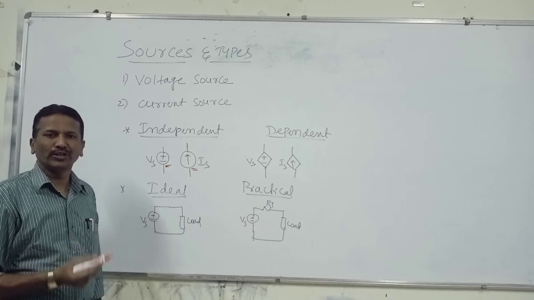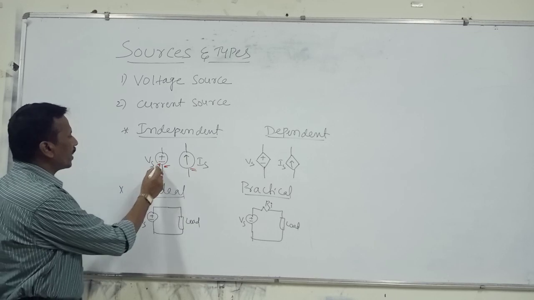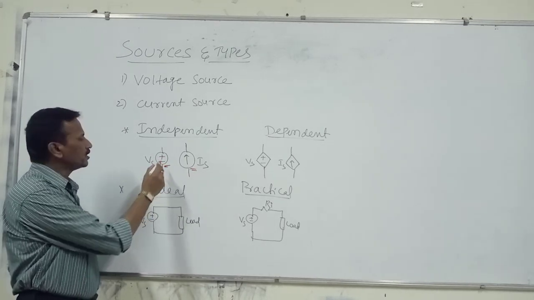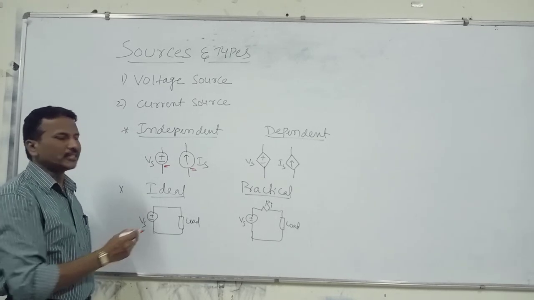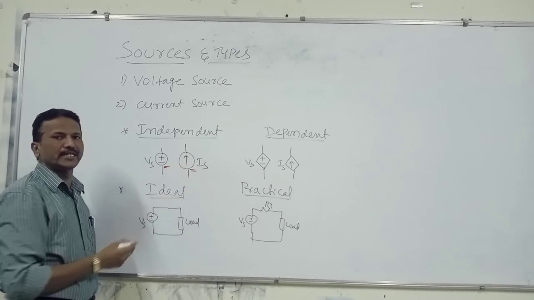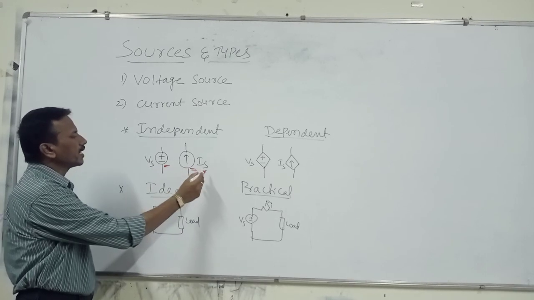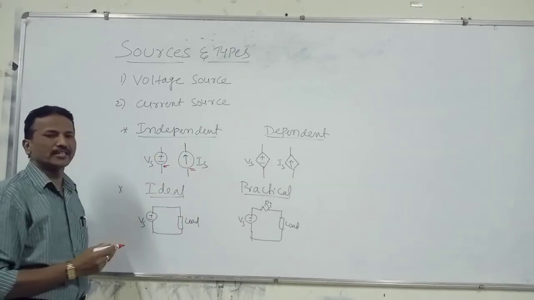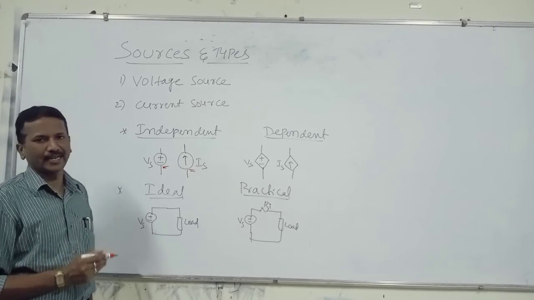It may be a voltage source or a current source. Minus plus, the difference between two charges or two potentials, we call a voltage source. The flow of current is the current source. So those are independent sources of voltage as well as current.